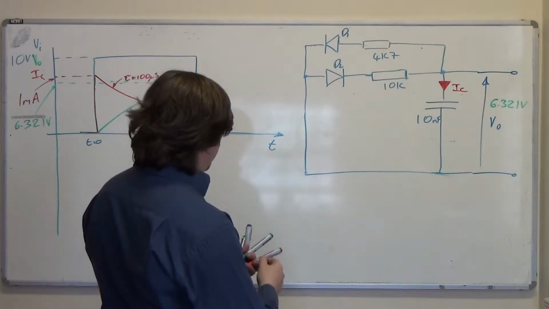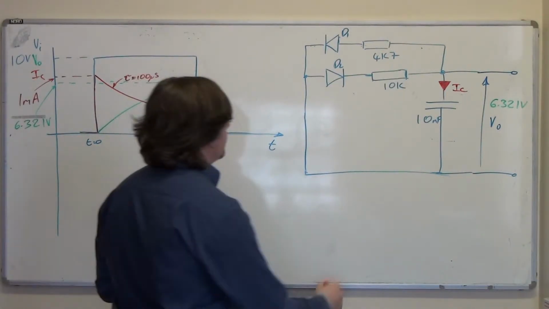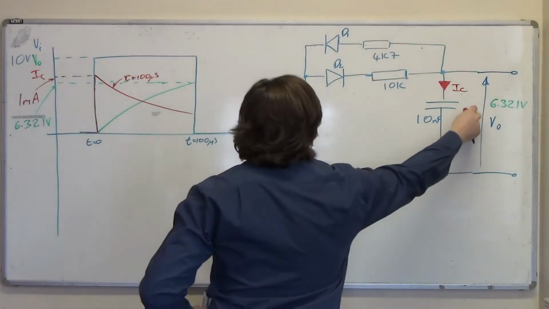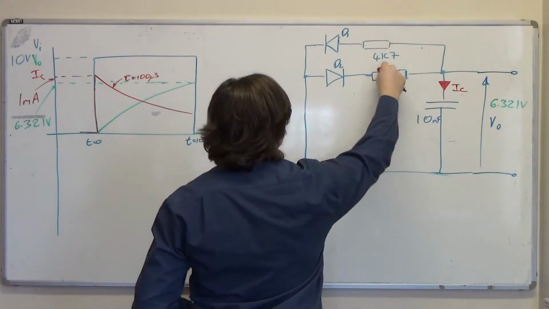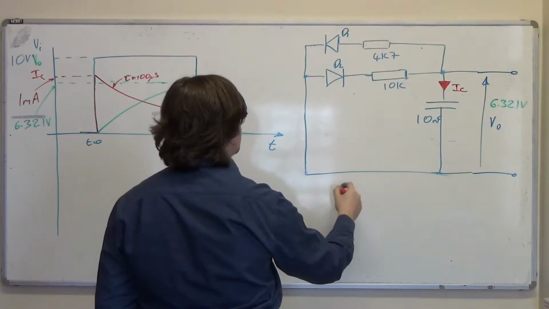The maximum value of that current will be the maximum voltage on the capacitor divided by the resistor, in this case the 4K7.